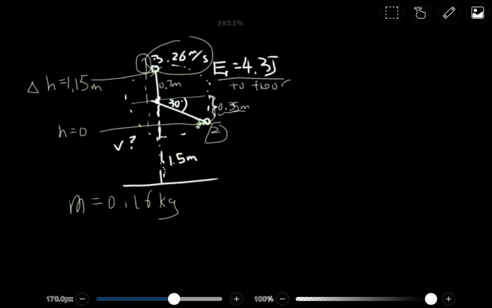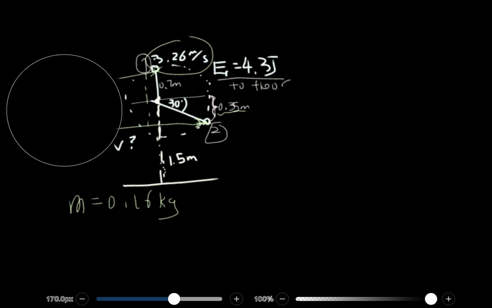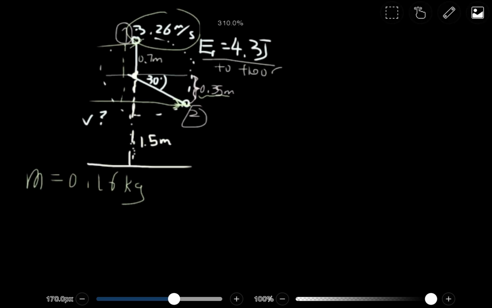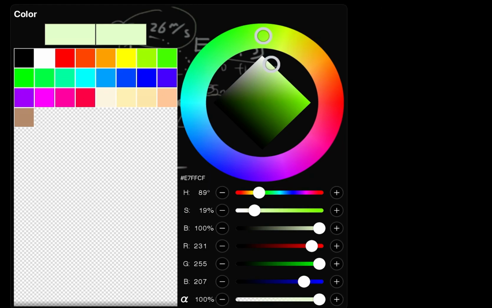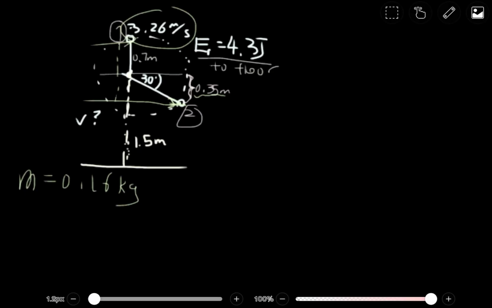Okay, so then the height won't be like this anymore. We still know that mechanical energy 1 equals mechanical energy 2, where 1 is the top and 2 is the second part, 30 degrees beneath horizontal.